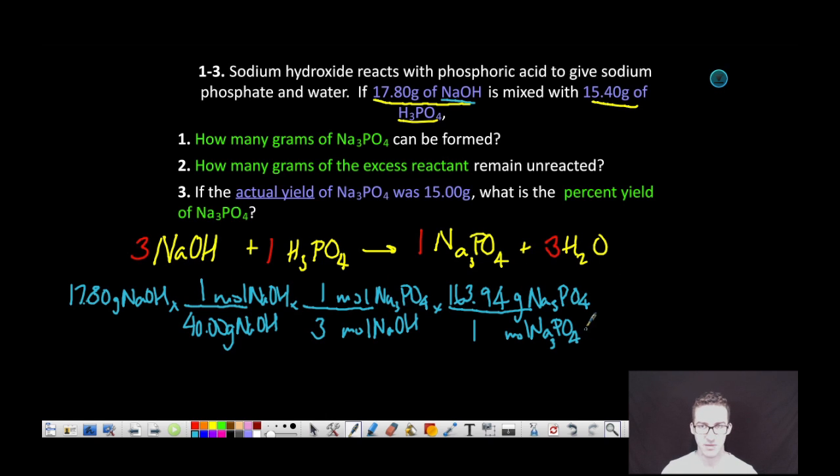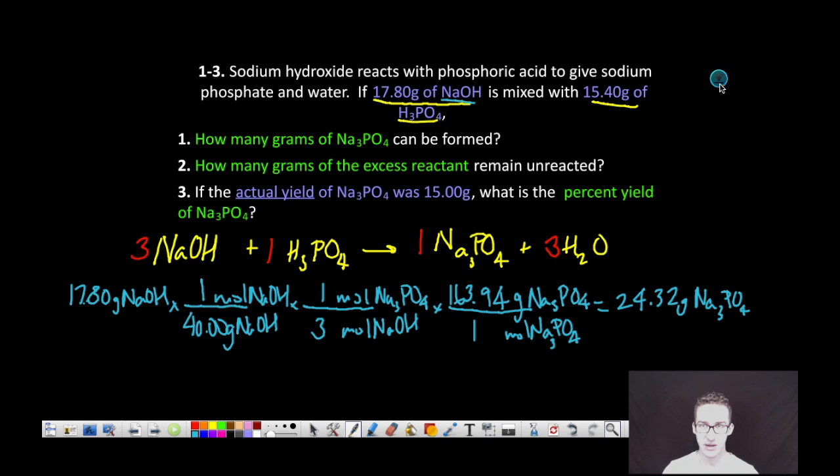Quick calculator moment here will give me a mass of 24.32 grams of sodium phosphate produced. And that's assuming that I had as much phosphoric acid as I wanted to react all of my 17.80 grams.